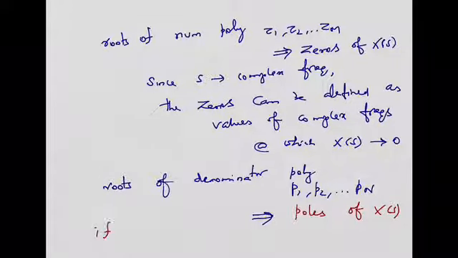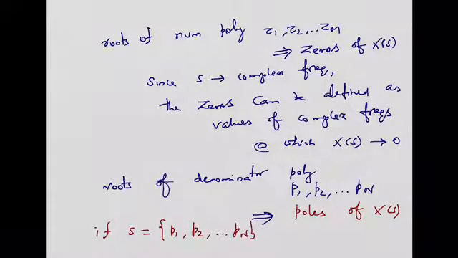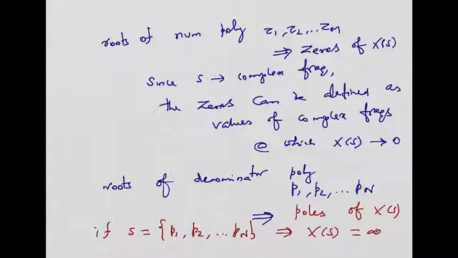If s is equal to any one of those poles p1, p2, p3, p4, pn, then X of s becomes infinite. So X of s attains infinite value at poles.